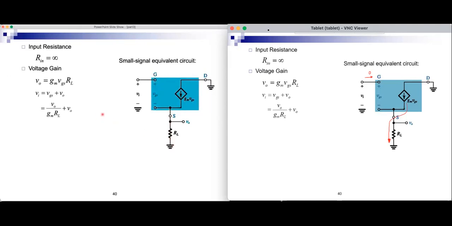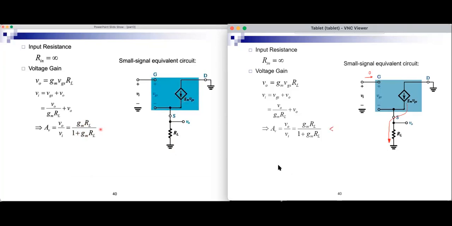And VGS is V out over GM RL. So we get a gain VO over VI, which is GMRL over 1 plus GMRL, which means that because GM and RL are positive, this is less than 1 overall. So the gain of the common drain is less than 1.